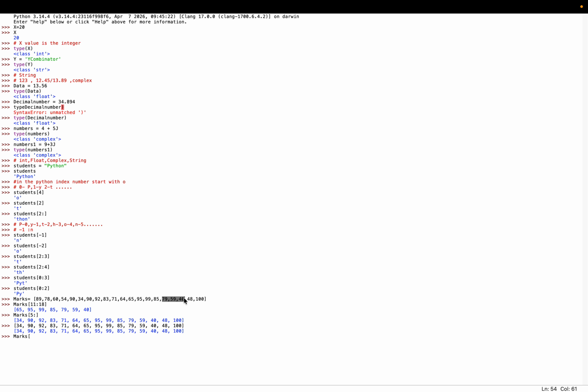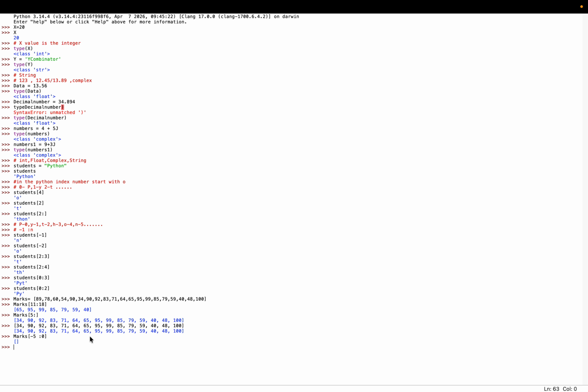So how will I get the values? One way is to go through negative values. Example: 79 is minus 1, minus 2, minus 3, minus 4 and minus 5. So minus 5 continuously to 0. Okay, but 0 will not come, don't worry.